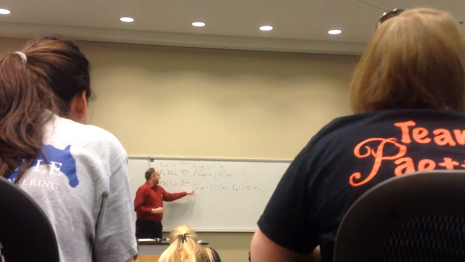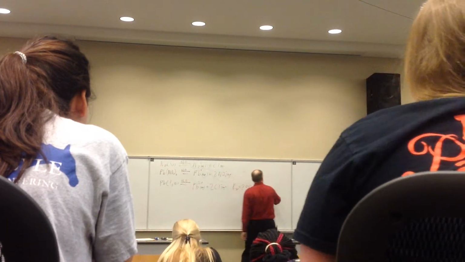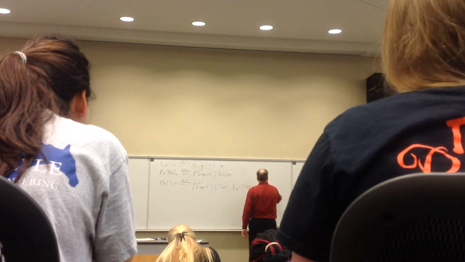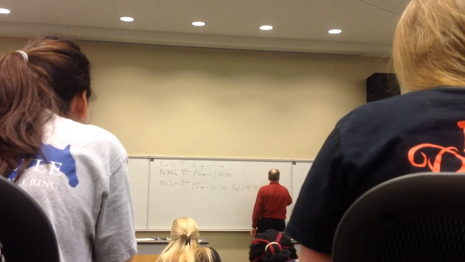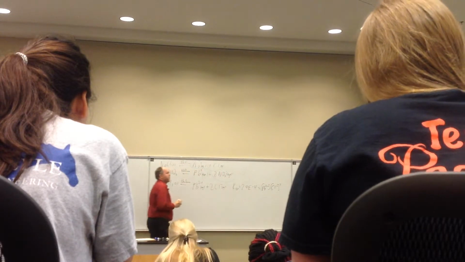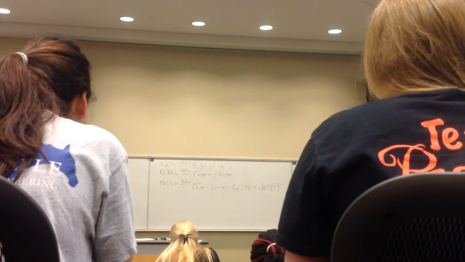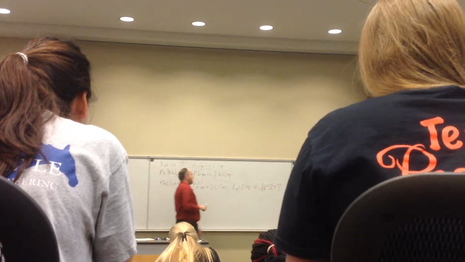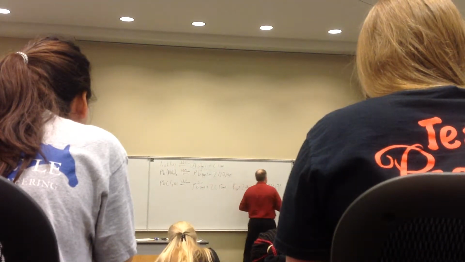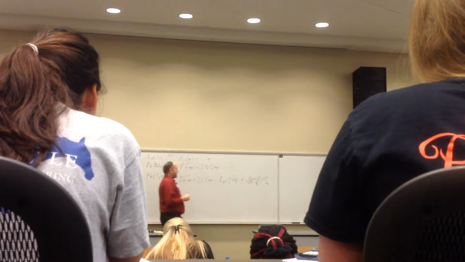And I now know my Ksp formula. This is going to be the concentration of lead 2+ times the concentration of chloride squared. Meaning, in order to answer this question, will a precipitate form, technically since this is a K, these are equilibrium values.